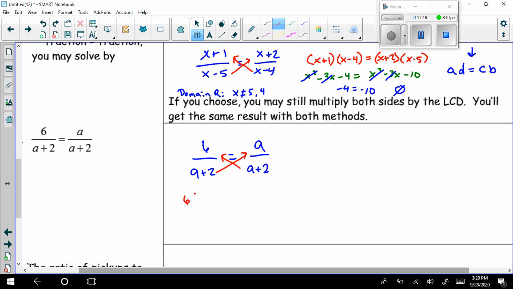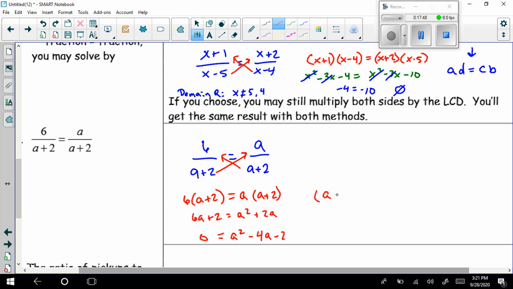So we get 6 times a plus 2 is equal to a times a plus 2. So 6a plus 2 is equal to a squared plus 2a. I'm going to get this equal to 0, so a squared minus 4a minus 2, and then factor and solve.